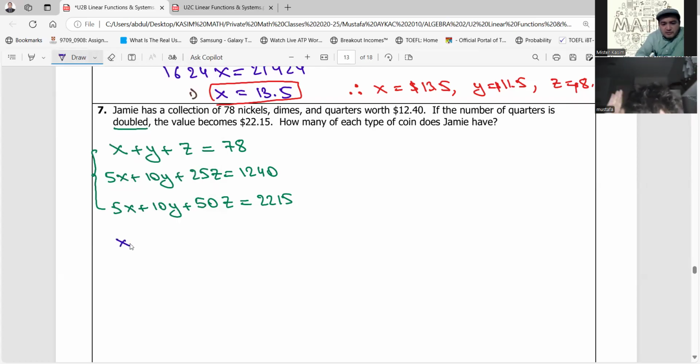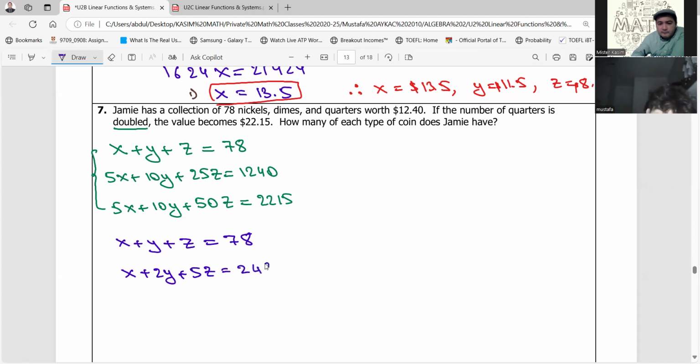The first equation is already in the simplest form, x plus y plus z equals 78. The second one, divide everything by 5. So here we have x plus 2y plus 5z equals 248.